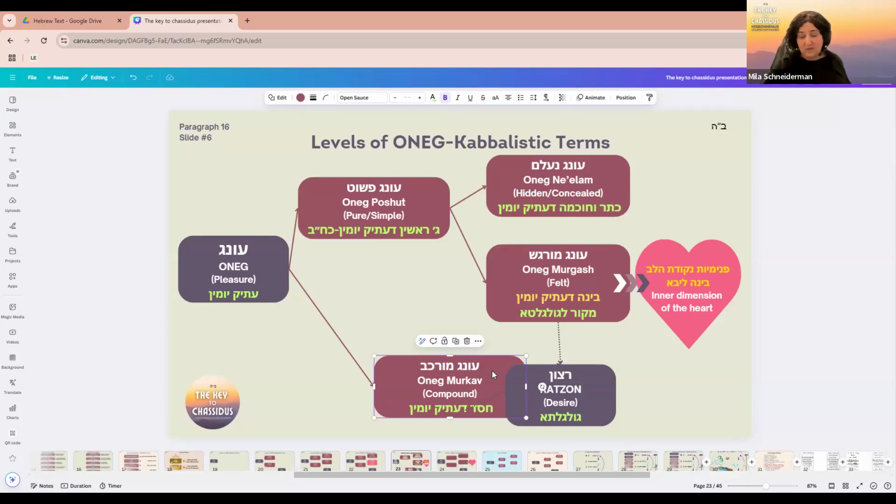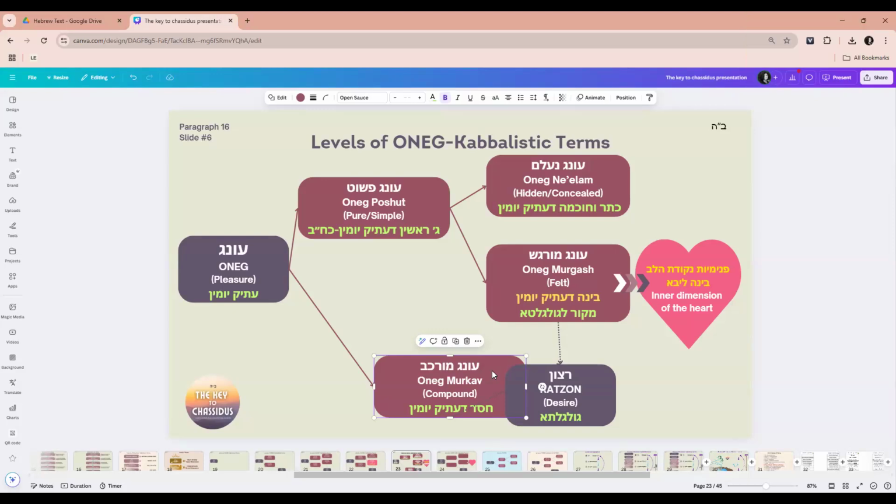We're talking about levels higher than a potential for an intellect. There's no intellect. And it's all based on pleasure and ratzon and desire. That's it. We are still in Igulim. There's no kav yet. We are still in that dance between oneg and ratzon.